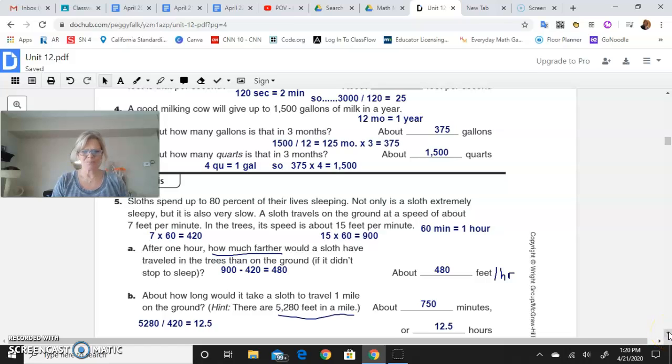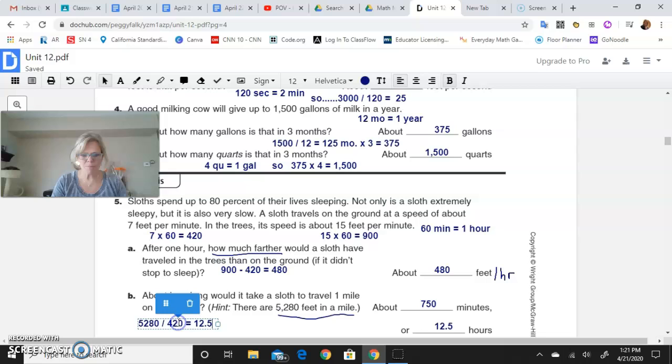So interesting. Now, part B, about how long would it take a sloth to travel 1 mile on the ground? And then they give you this hint, 5,280 feet in a mile. Wait a minute, did I make a mistake? Yes, I did.